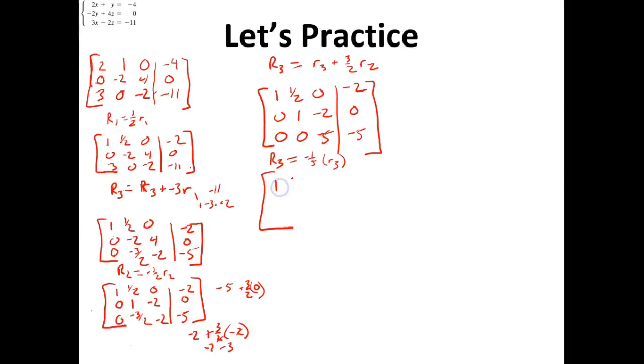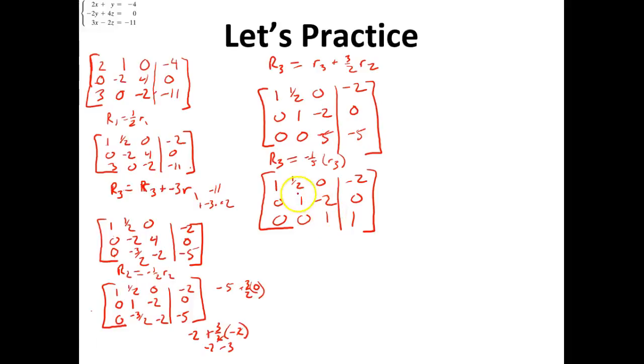So here, the first row stays the same. Second row stays the same. I'm not messing with that row. The third row, we have 0, 0. Negative 1/5 times this is 1. Negative 1/5 times this is 1. And there, I have row echelon form.